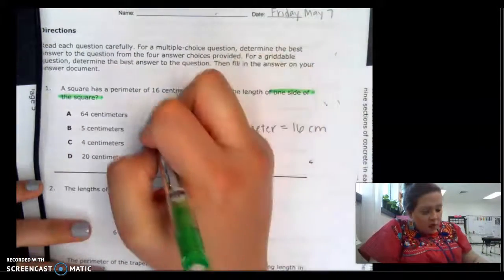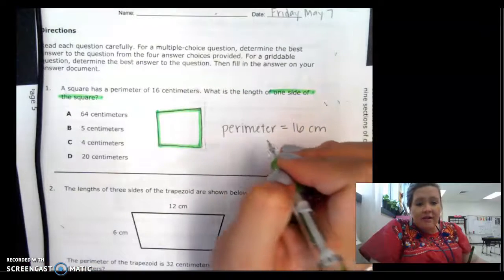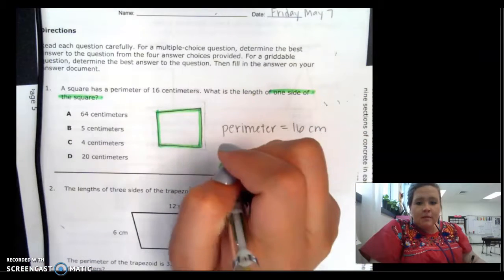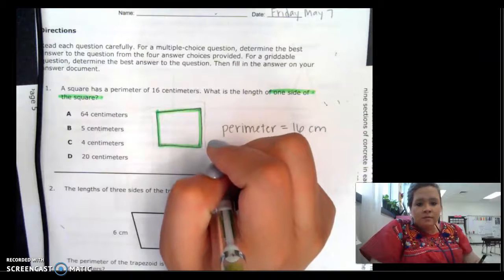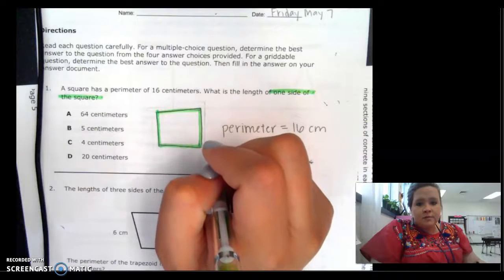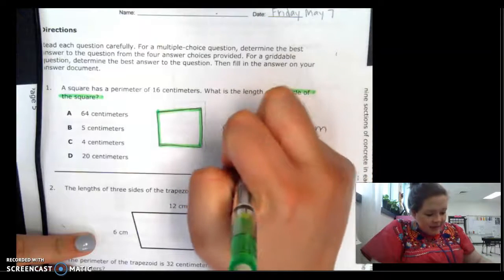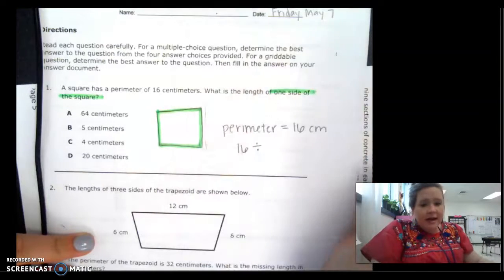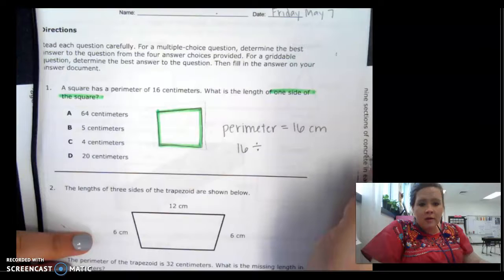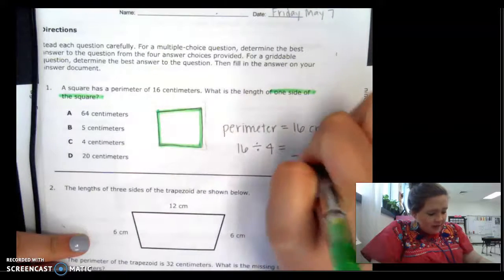If I know that this whole thing is 16 centimeters, how am I going to find the length of one side? Good. You are going to divide 16 divided by what? 16 divided by 4 equals something.